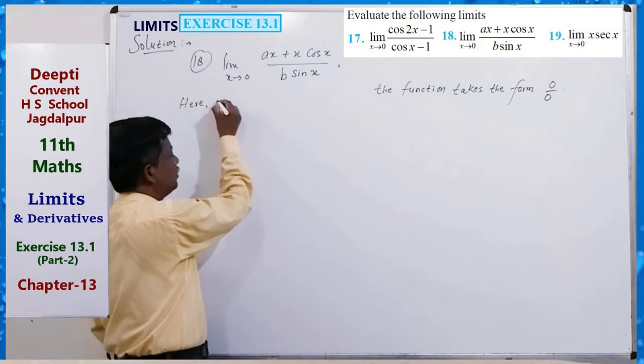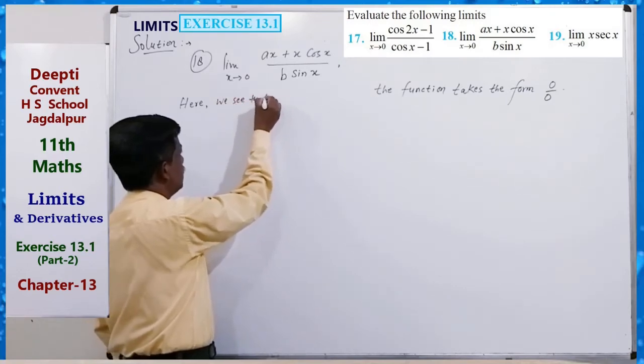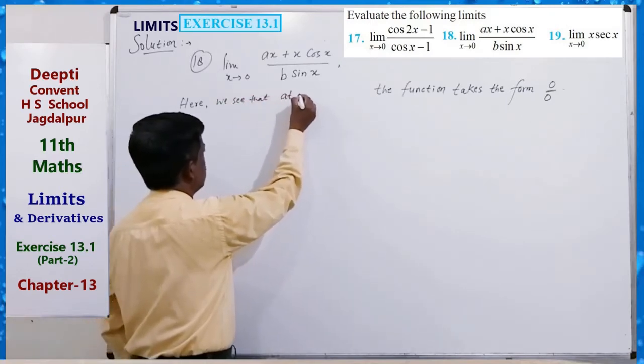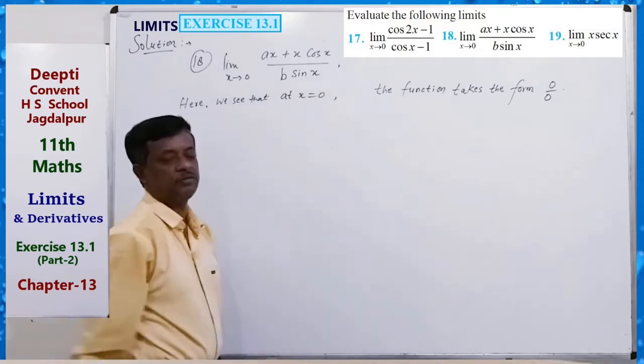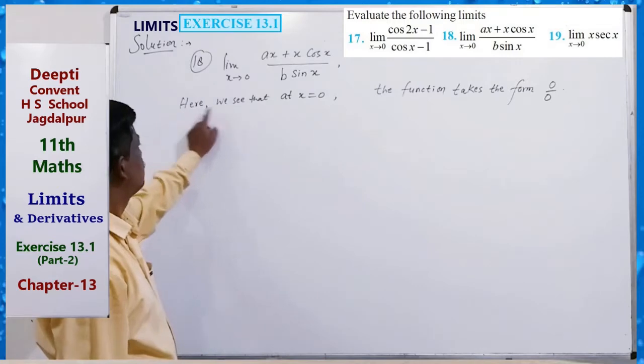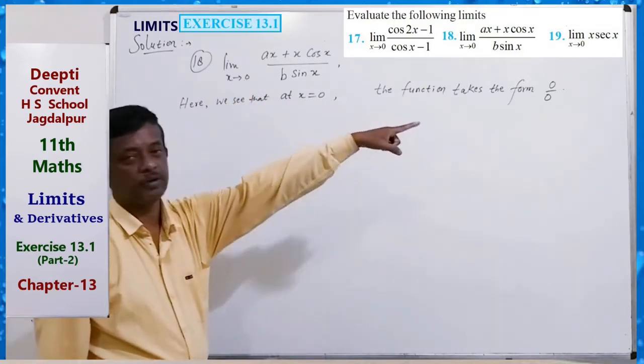Here we see that at x equals to 0, the function takes the form 0 by 0.